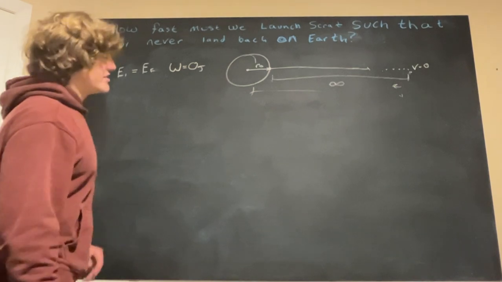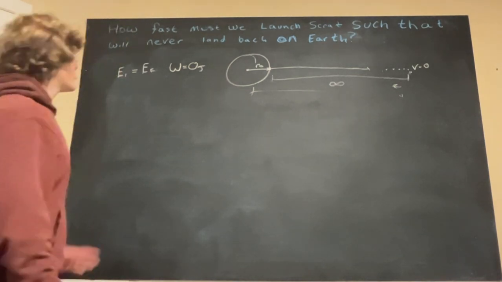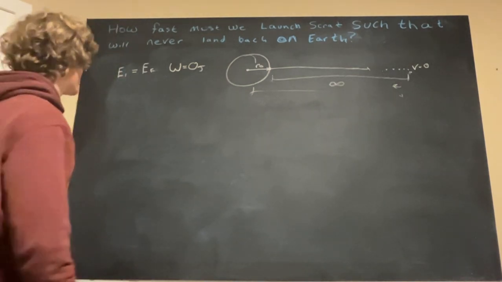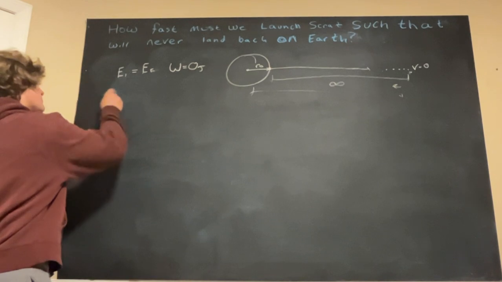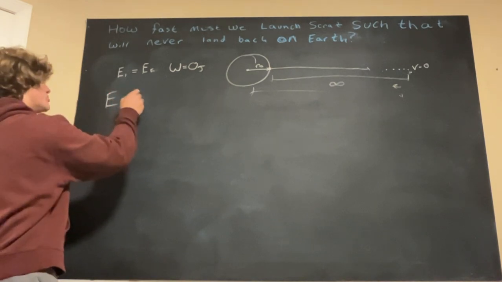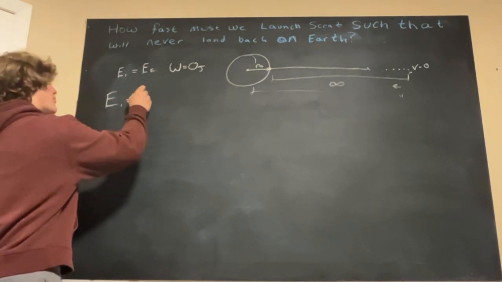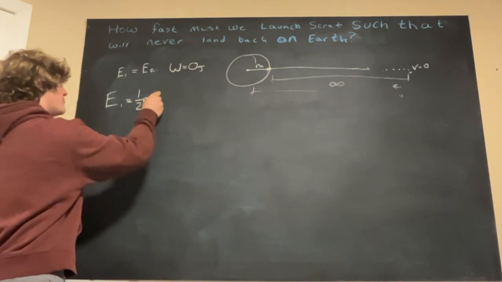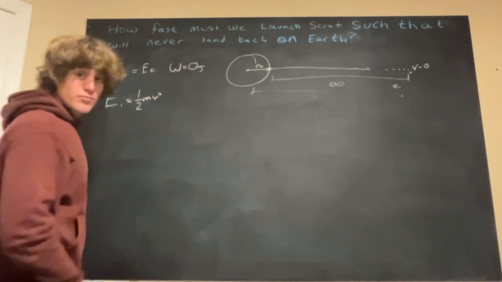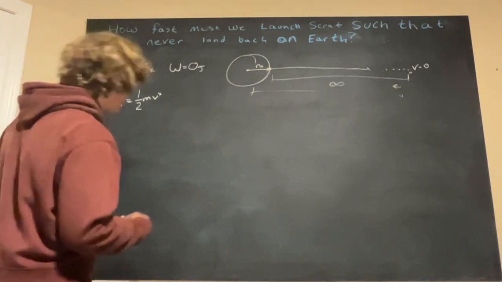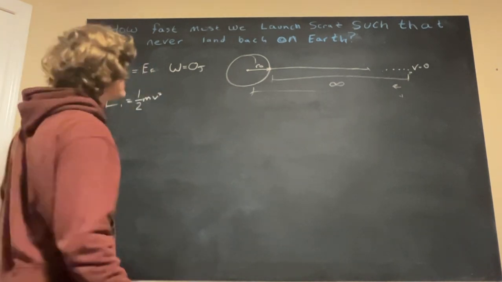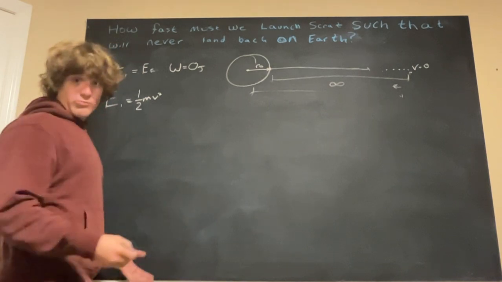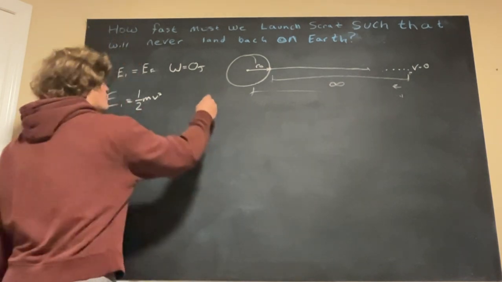Now we will begin by writing out our initial energy. E1 is equal to our kinetic energy, 1/2 mv squared, plus our potential energy with respect to infinity.